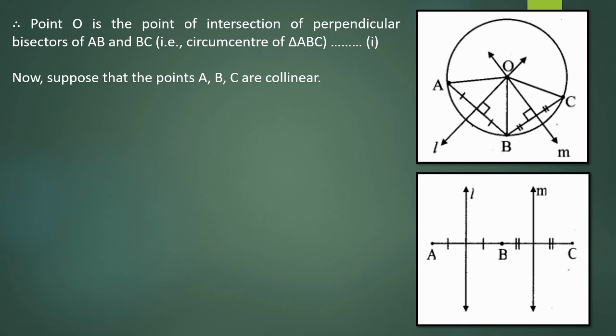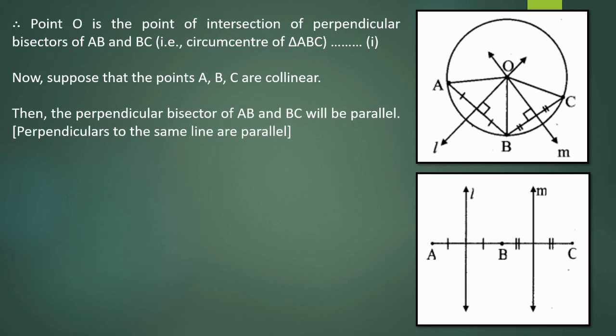Now suppose that points A, B and C are collinear. If they are collinear, then the perpendicular bisectors of AB and BC will be parallel, as perpendiculars to the same line are parallel to each other.